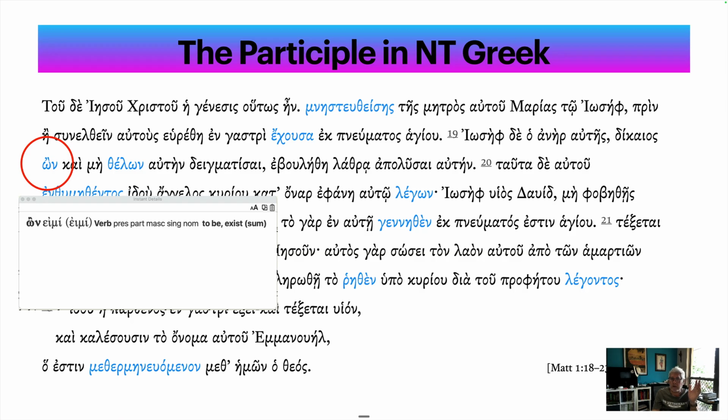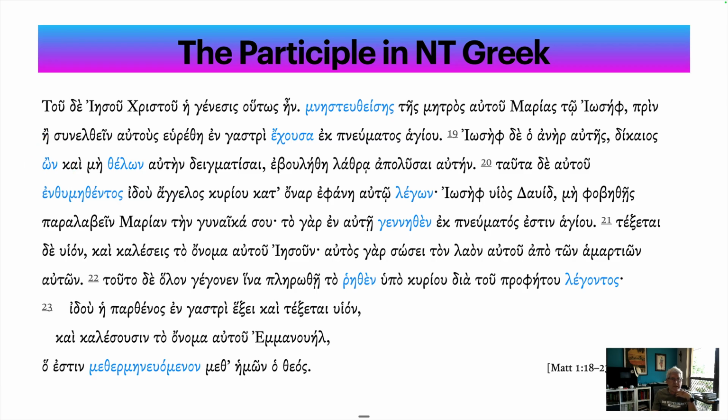So going back to the whole phrase, Joseph her husband, her man, her husband, dikaios ōn, being just, being righteous, and then we have kai mē thelōn, and not wishing.